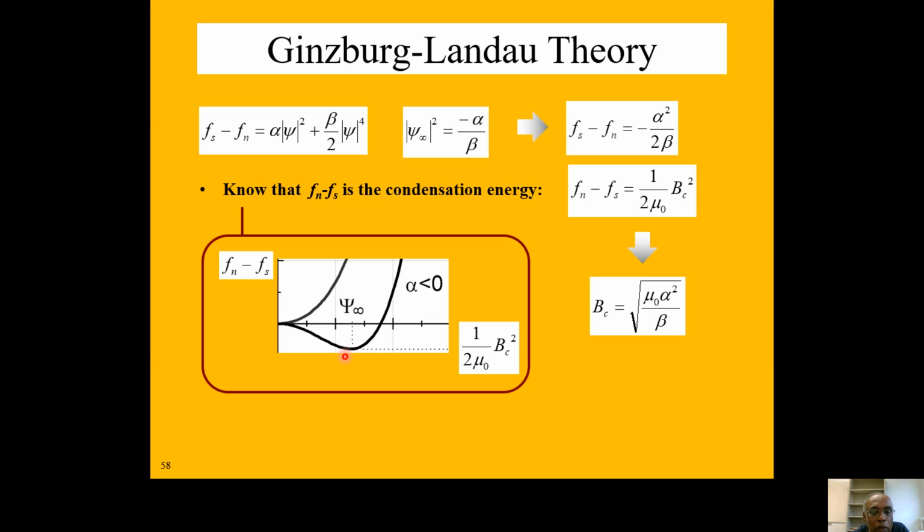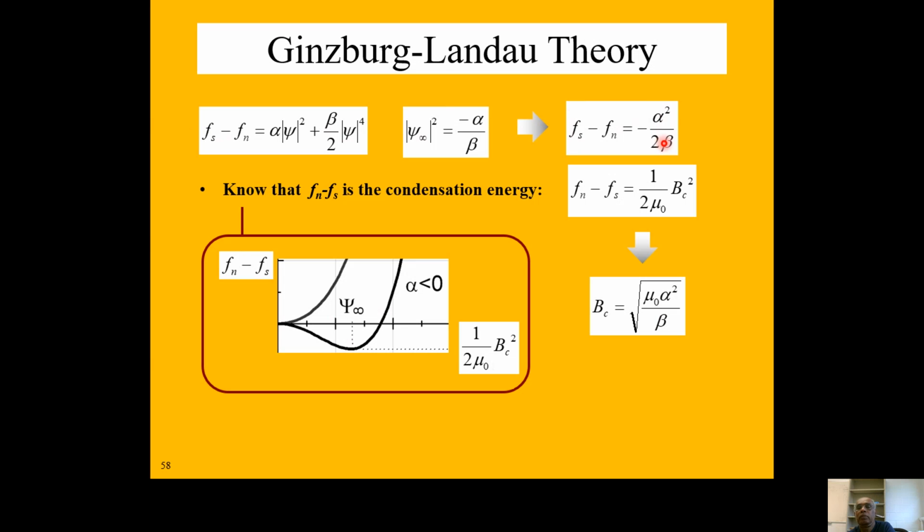So now if you want to find the value at this point, the minimum value, then you have to substitute that psi squared value. I need to find the value of Fn minus Fs. Just substitute that psi infinity value here in the psi squared and psi to the fourth terms. If you substitute, you get minus alpha squared over 2 beta. You can easily find this one.